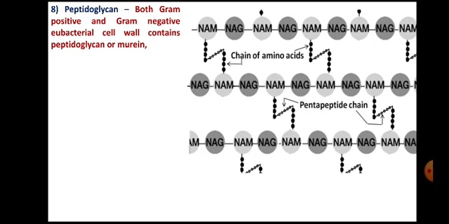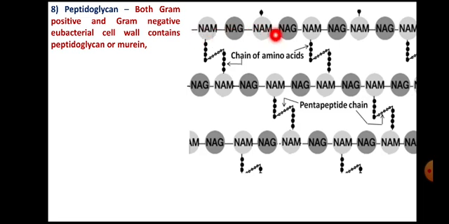In this structure we can see that peptidoglycan is composed of NAM, NAG, NAM, NAG, NAM, NAG. This means that these are the building blocks of peptidoglycan.